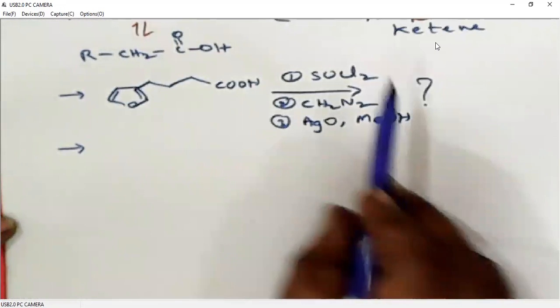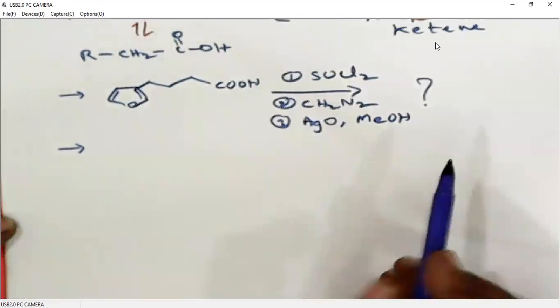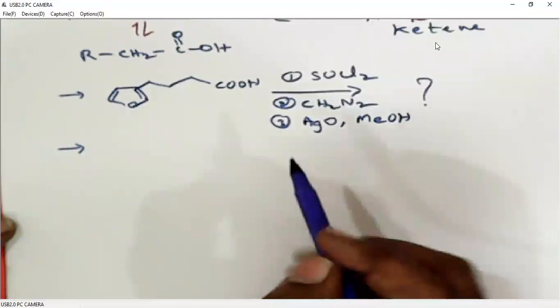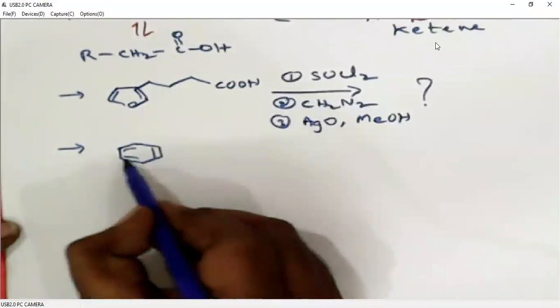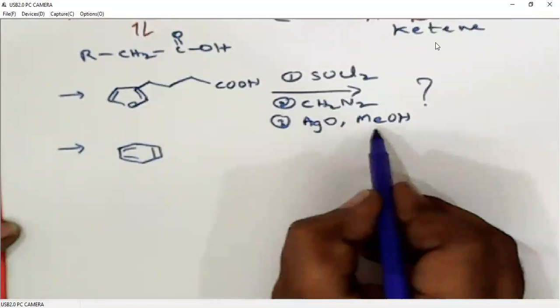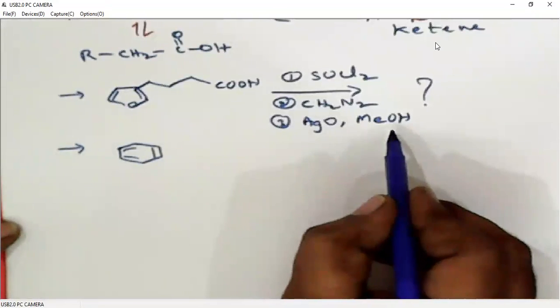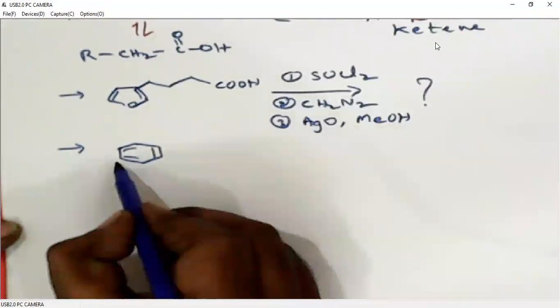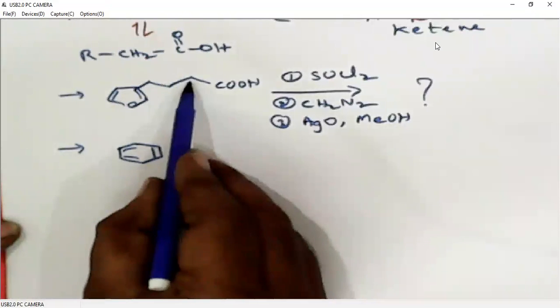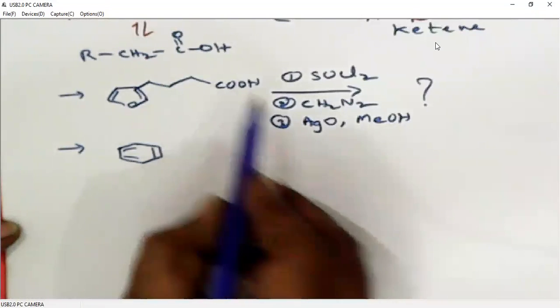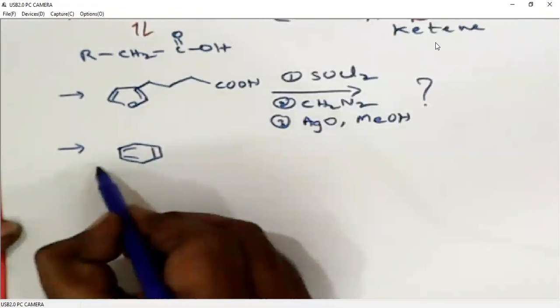Ketenes, if they are treated with water, will generate carboxylic acids. If they are treated with alcohol, they will generate esters. Because we are using methanol as the solvent, the product should be an ester with just one carbon homologation. That means just increase one more carbon in this chain, then write COOMe. That's it.